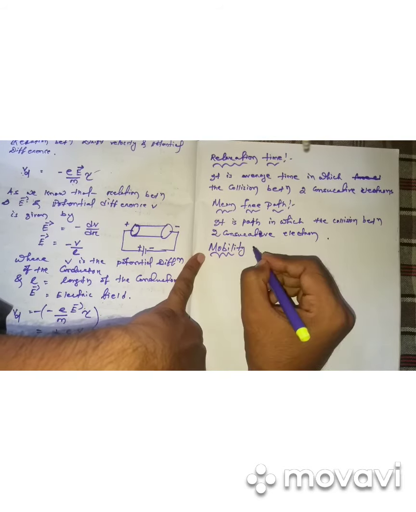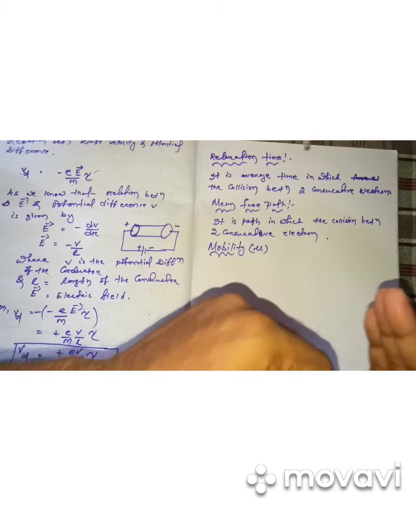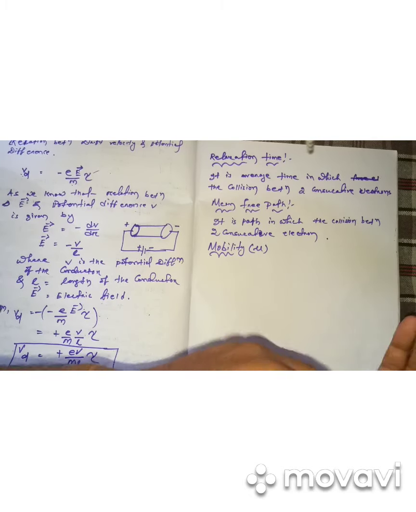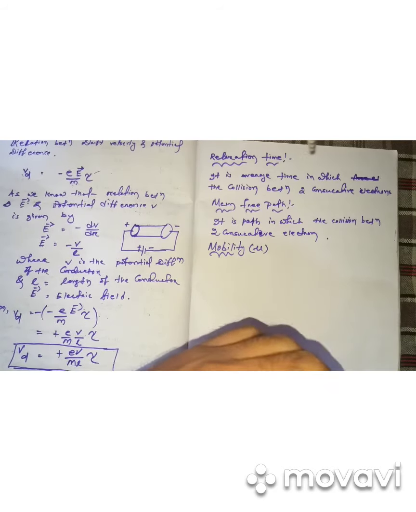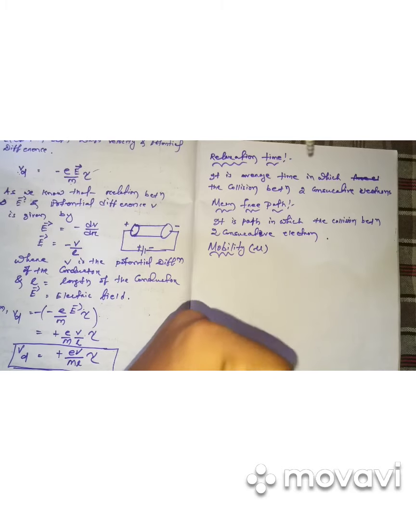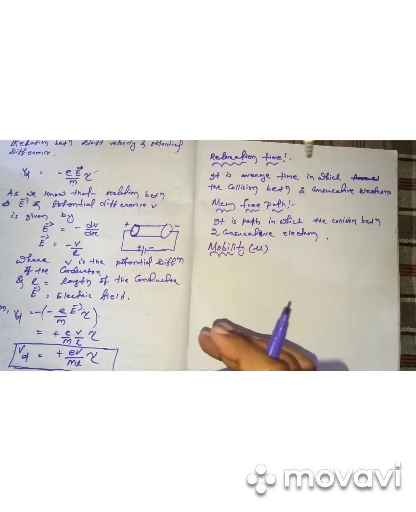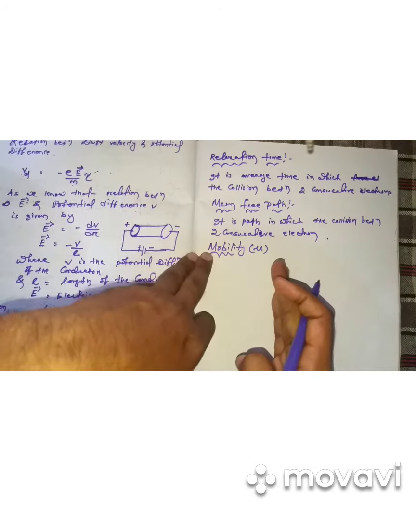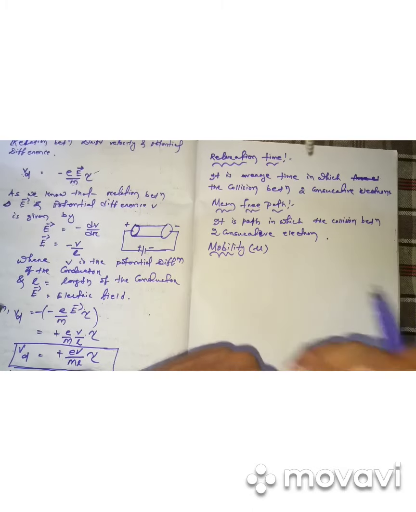Mobility is denoted by mu. So mobility means what? Mobility of a charge carrier is responsible for current, which is defined as the magnitude of drift velocity of charge per unit electric field. Okay, so again I'll repeat that. Mobility of a charge carrier is responsible for current.